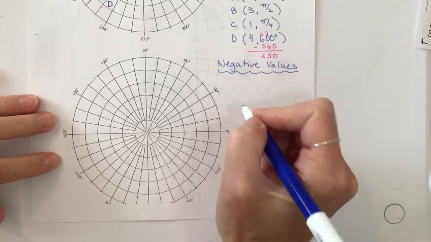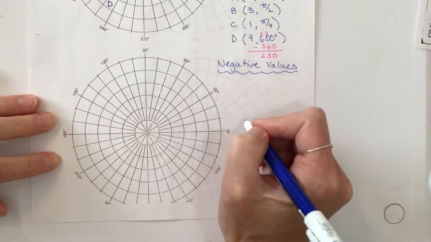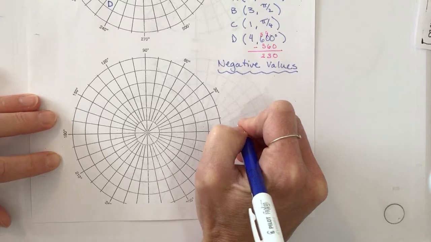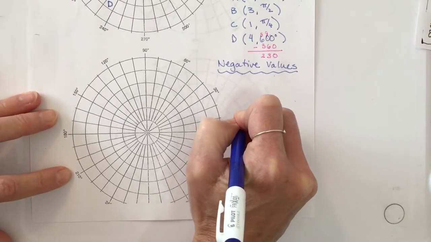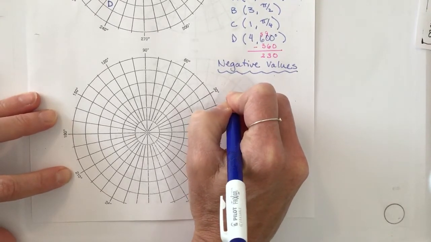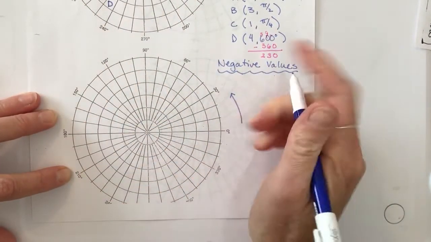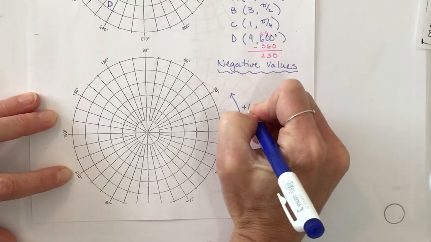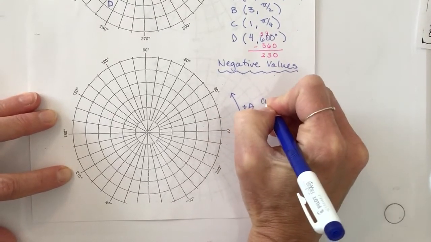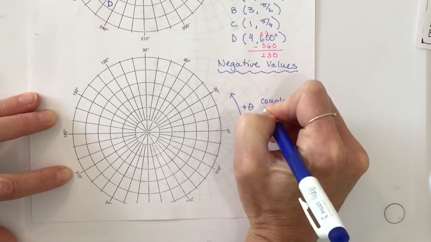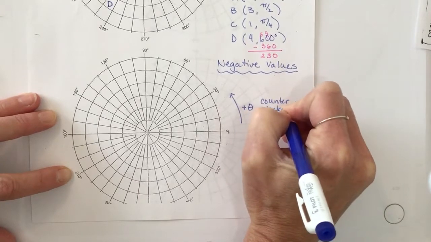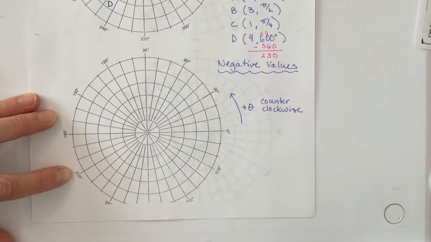For negative and positive theta, you guys know this already just from doing trig and the unit circle. So if we go this way, counterclockwise around the circle, yeah, you got it, positive theta is counterclockwise, opposite direction of the hands of the clock.